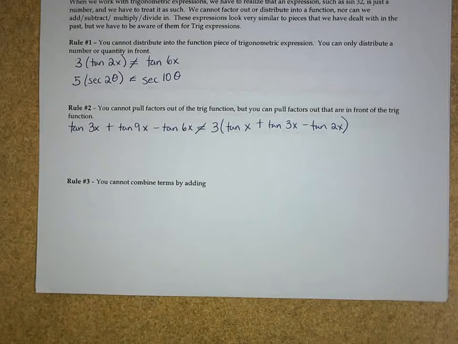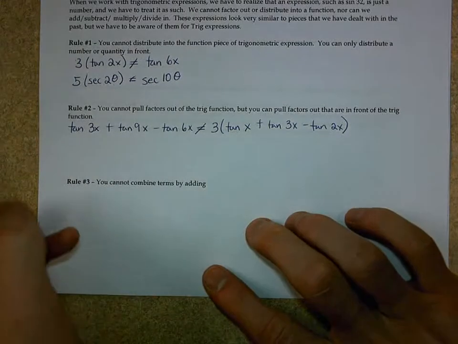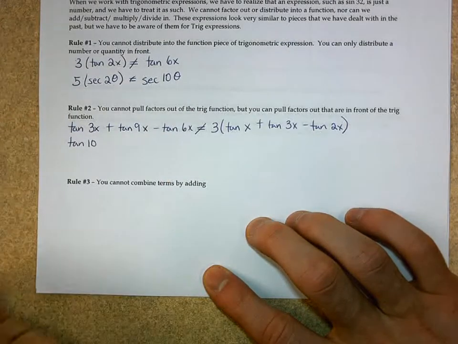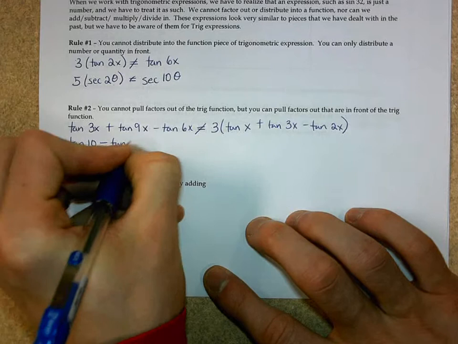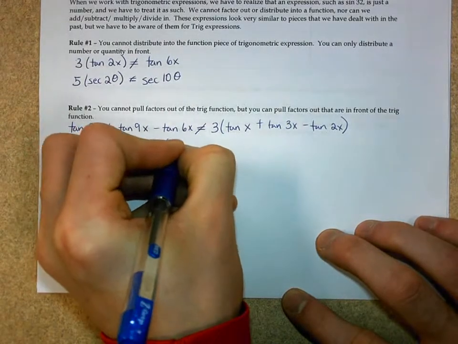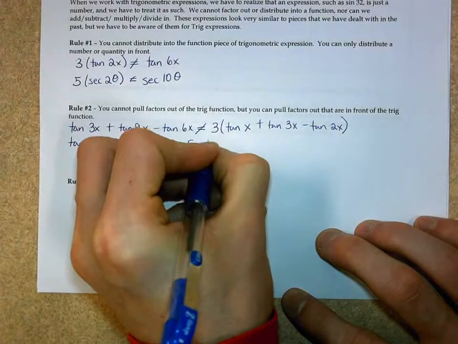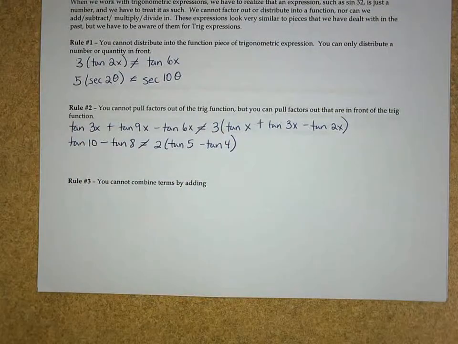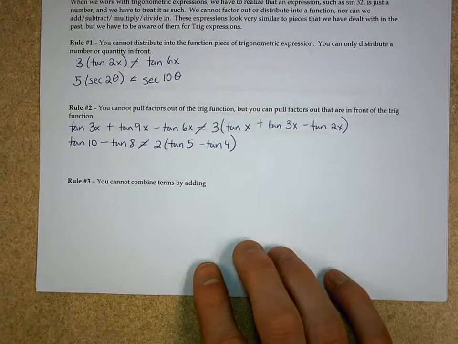Cannot pull something that is attached to the x inside the trig function. Nor can I do that if there are no x's. So the tangent of 10 minus the tangent of 8 does not equal 2 times the tangent of 5 minus the tangent of 4. I cannot pull something out inside the trig function.